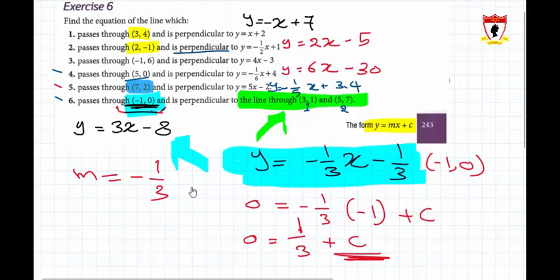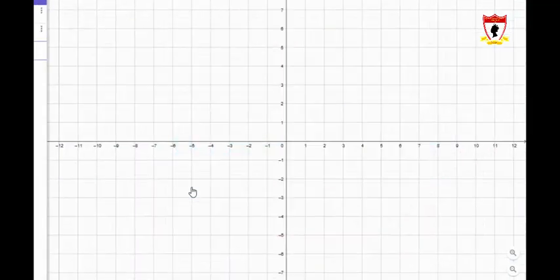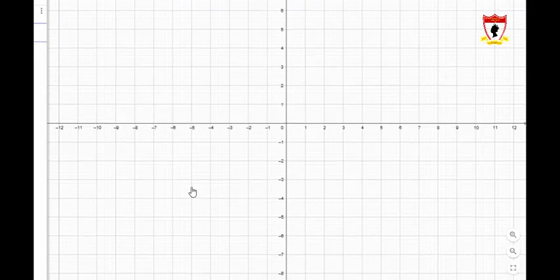Just to show you how we know these equations are perpendicular, I'm going to draw the first equation and the equation which is perpendicular on it. The first equation is y equals x plus 2, and the equation that we worked out is negative x plus 7. I'm going to show you their graphs on GeoGebra, then see how they are perpendicular.